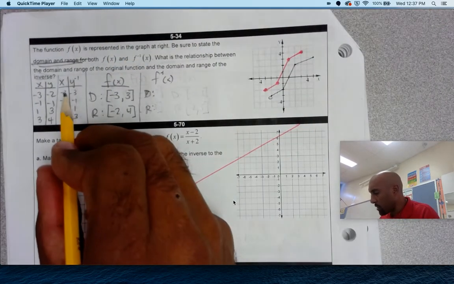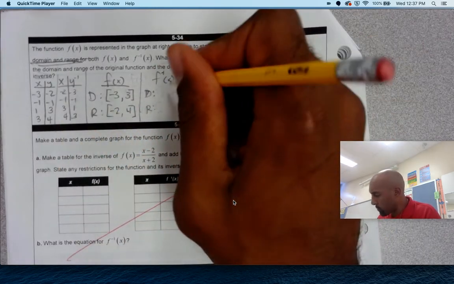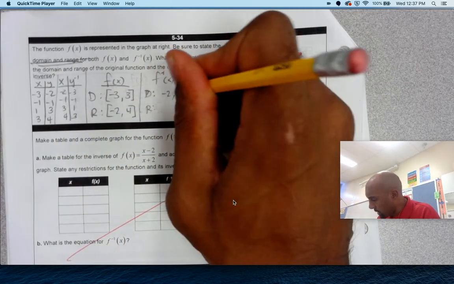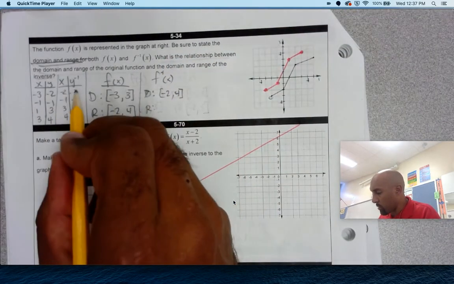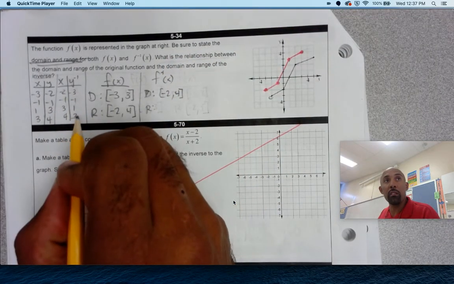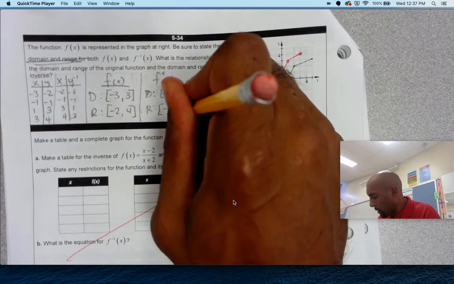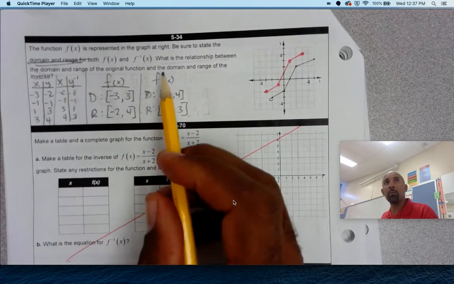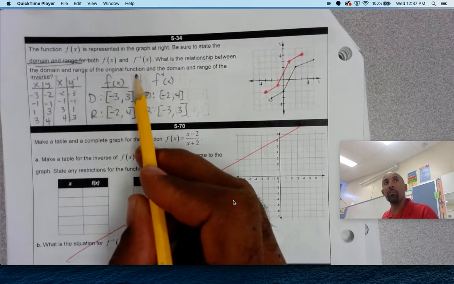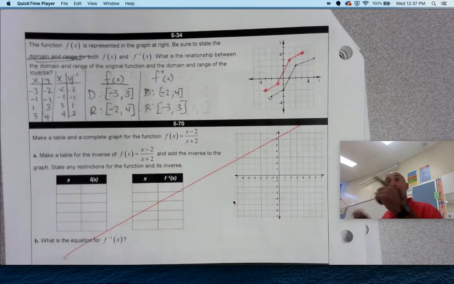Okay, so we'll look here. For the domain, you start at -2 and go to 4. You guys might start seeing a relationship here. And then for the range, I go from -3 to 3. Remember, I'm using that new table I made. Now notice, what is the relationship between the domain and range of the original and the domain and range of the inverse?